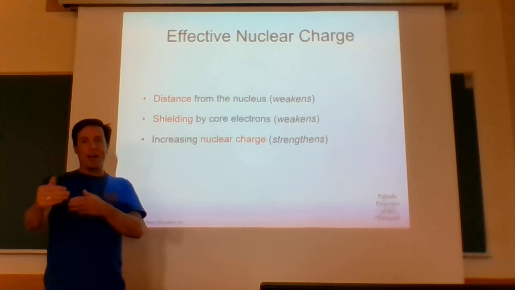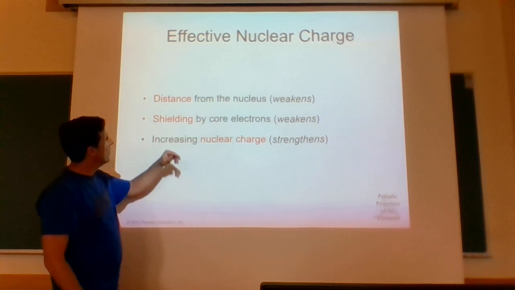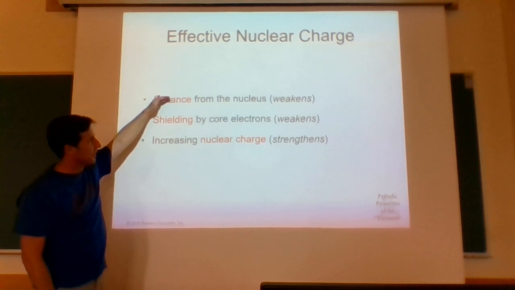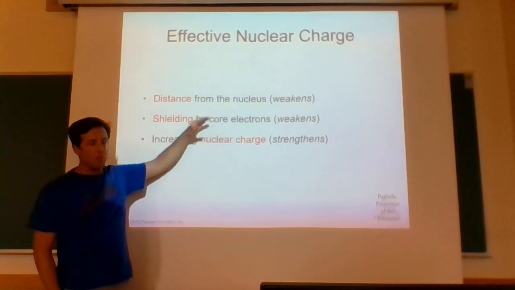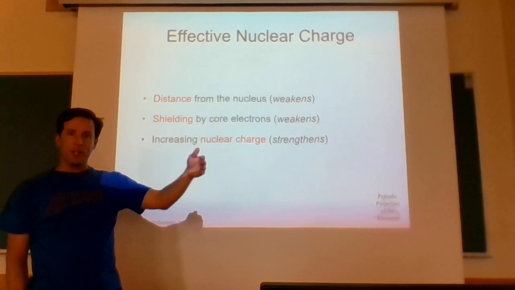So that counteracts a little bit of the effective nuclear charge. So these first two, more distance from the nucleus and more core electrons, are both going to cause the effective nuclear charge to get weaker as we go to larger shells.